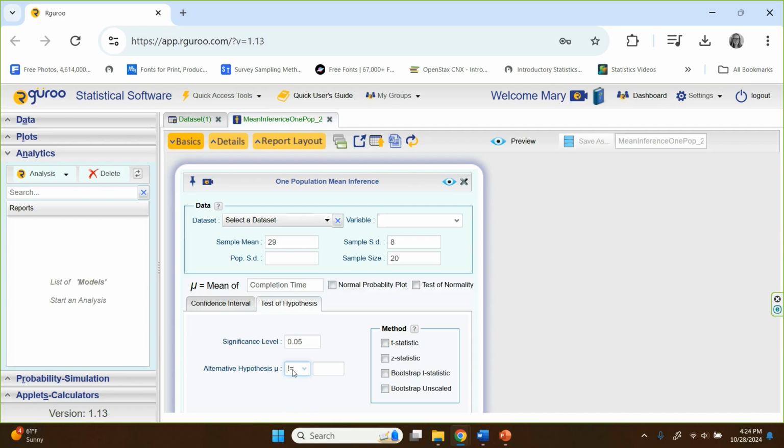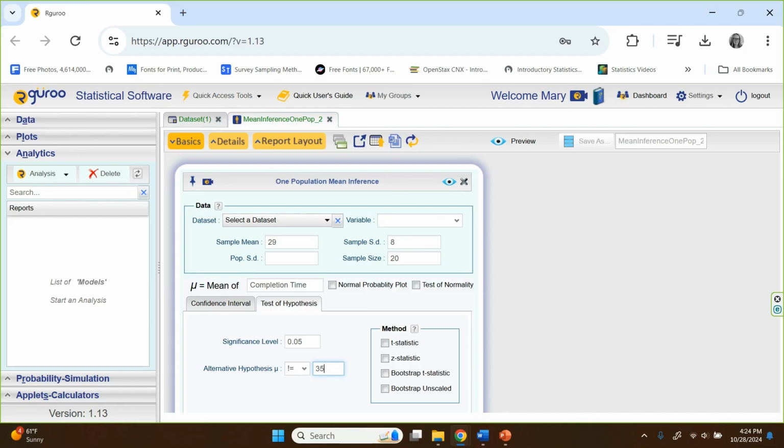It's an exclamation followed by an equals to. So that means not equals to in the way Rguroo has used the keys on the keyboard. And then we're going to put 35. So Rguroo assumes that the null hypothesis is equal to 35, and then we've told it that the alternative hypothesis is not equal to 35.